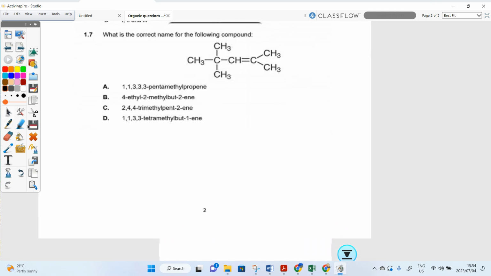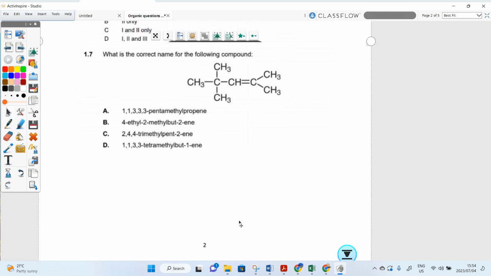All right, now correct name again. Let's see if they got this one right. Even if they give you a monster and you've got no idea what to do, what is step 1? Find the longest chain. So it could be 1, 2, 3, 4, 5, or 1, 2, 3, 4, 5, that would be the same. Or 1, 2, 3, definitely not that.